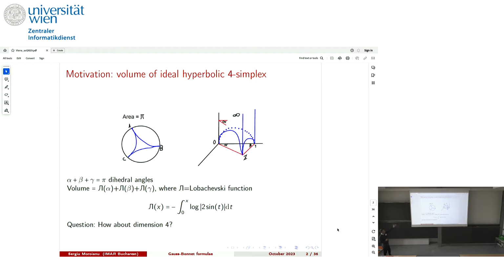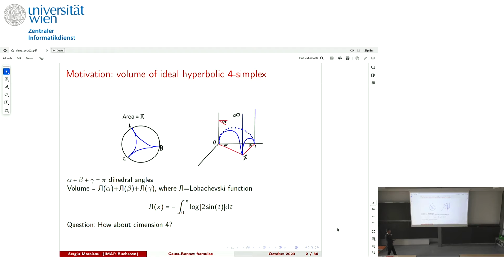My initial motivation was to compute the volume of an ideal hyperbolic 4-simplex. If we have a 2-simplex, then the area is always pi. And if we have an ideal 3-simplex, then one of the vertices is at infinity. It looks like a prism, but then there is this part of a sphere inside the 3 faces of the prism.